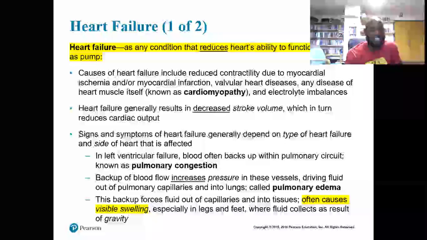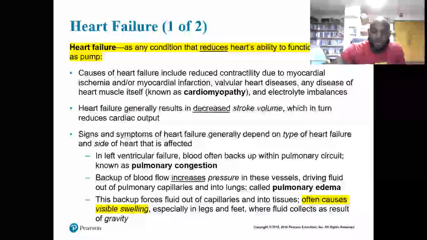It usually takes a healthy heart to do that. So when the heart starts to fail, fluid can't get back up to the heart, and then you start getting swelling in your feet. And that's a sign of heart failure, unfortunately. Hopefully that makes sense. If not, I can explain it to you further.